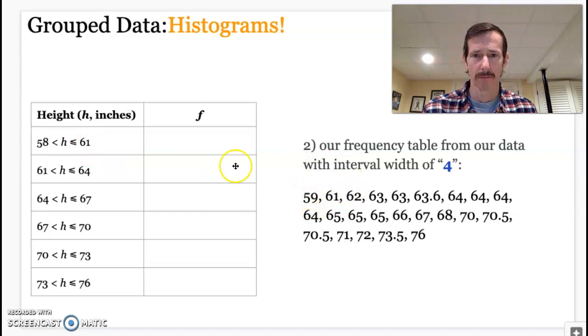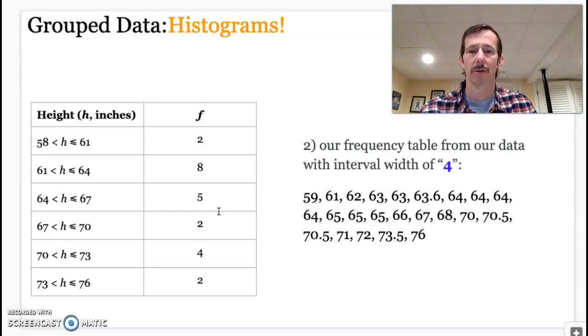So that would now mean this first frequency would include the 59-inch person and the 61-inch person, so this would now become a 2. Then I start immediately at 61 and up to 64, including 64, so that's going to capture the 62, the two 63-inch people, the 63.6-inch person, and all of these 64-inch people, and then stop. So that's what I would count up and put into that table.